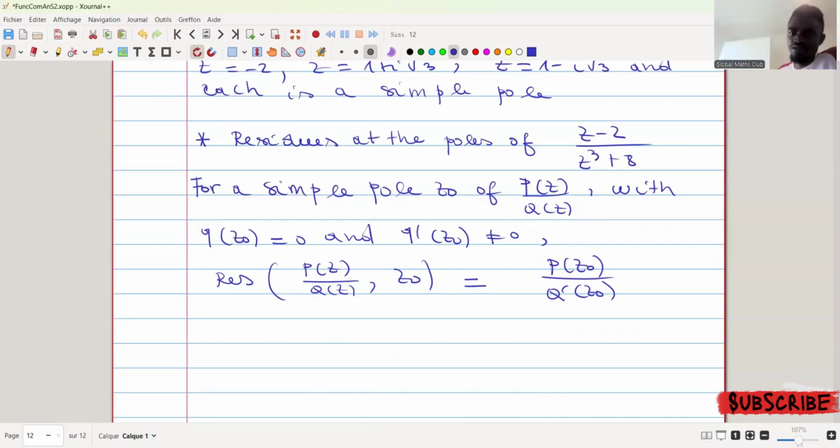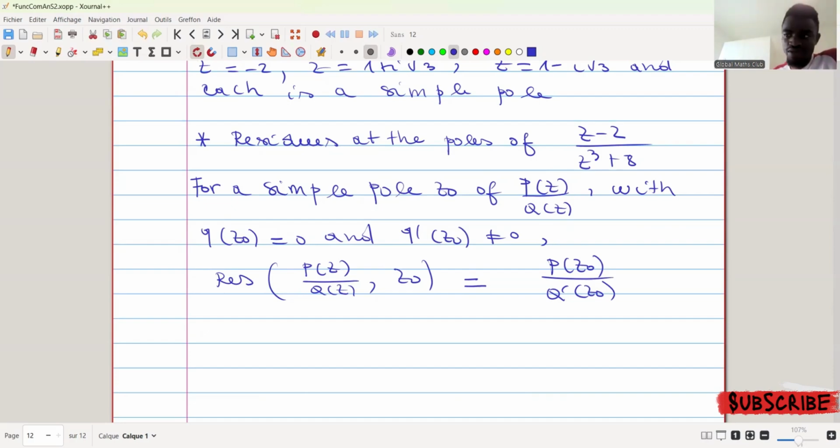Exactly. When you have these conditions satisfied, so when Q of Z naught equals 0 and Q prime of Z naught is different from 0, then the residue is equal to this. Okay, sure, thank you. Nice.